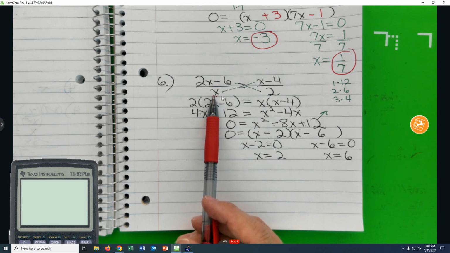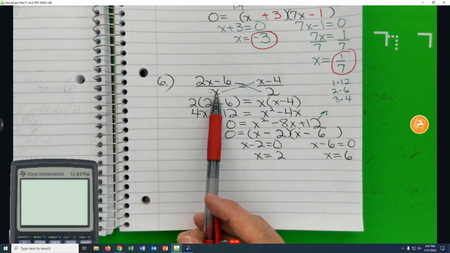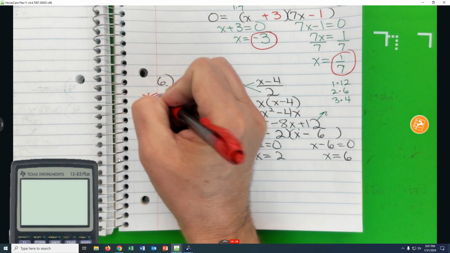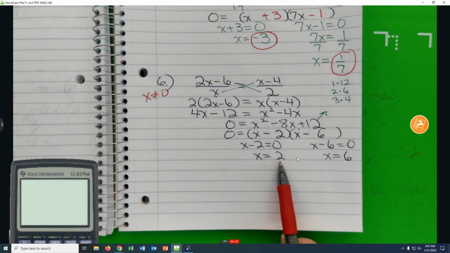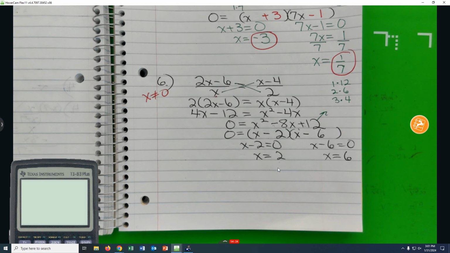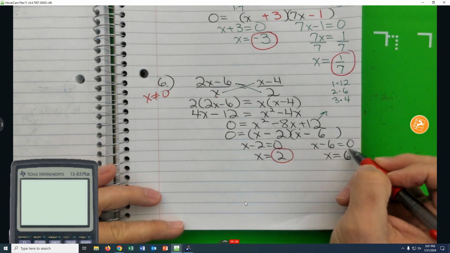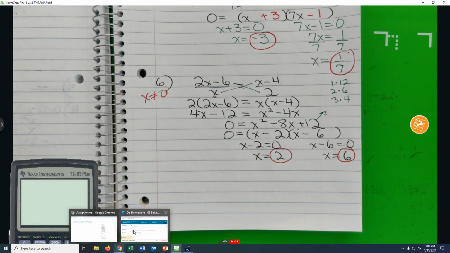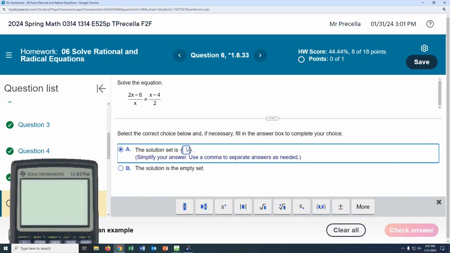It should be obvious. 0. If you plug in a 0 for x, you get negative 6 over 0. So x can't equal 0. Did we get 0 as the solution? No, so 2 and 6 have to work. 2 and 6.